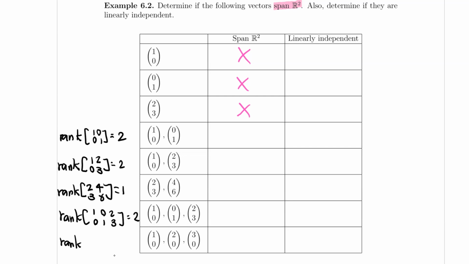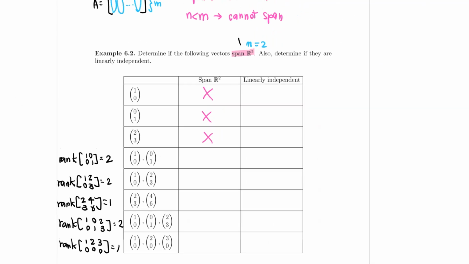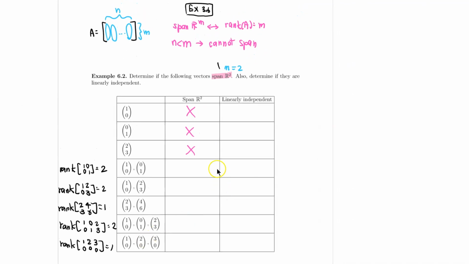And the rank of the last one, 1, 0, 2, 0, 3, 0, is going to be 1. Now, these are going to span R squared when the rank is equal to 2. So I can tell that they are going to span precisely in this case and in this case. For the other two, they are not going to span R squared.